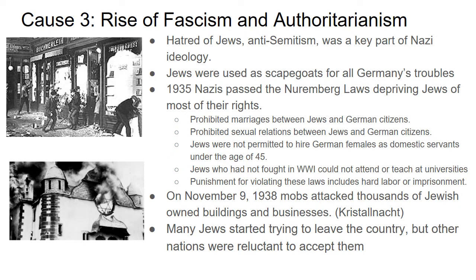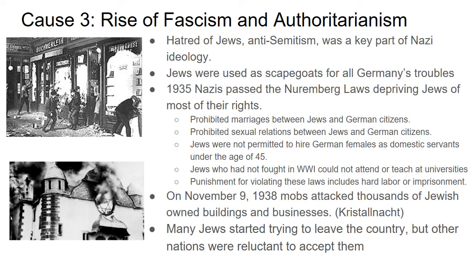At this point, many Jews are starting to realize that things are going south for them in Germany, and that things are escalating, and that they may not be safe anymore. And so many German Jews start trying to leave the country. But a lot of other countries are reluctant to accept them. Anti-Semitism is pretty widespread, and so it's not uncommon for countries to have quotas of how many Jews they are willing to take.